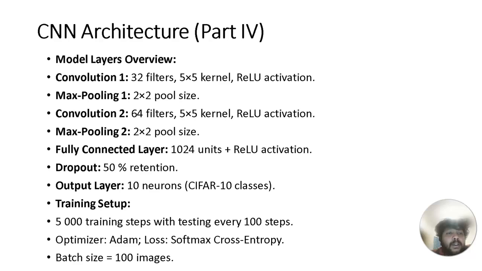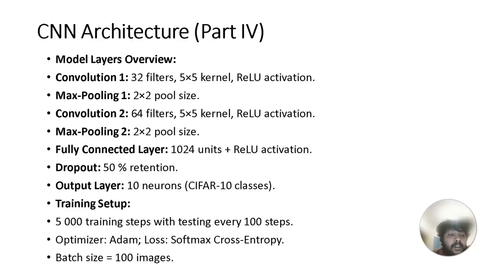Then convolution 2 has 64 filters with a 5 by 5 kernel and the same ReLU activation, followed by max pooling 2 with a 2 by 2 pool size, the same as max pooling 1. Then a fully connected layer of 1024 units with ReLU activation, with 50% dropout retention. The output layer has 10 neurons for our CIFAR-10 classes.